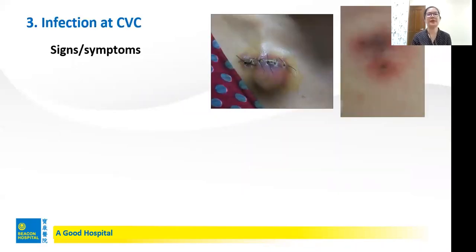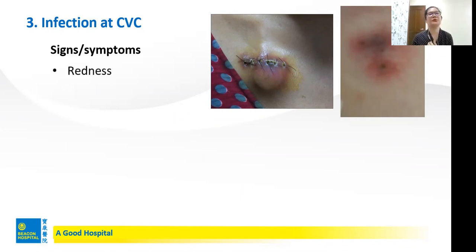Infection. It could be just the insertion part or puncture part of the CVAD. It can be just the catheter insertion site of the CVAD that has been infected, or the port site, the needle puncturing site.